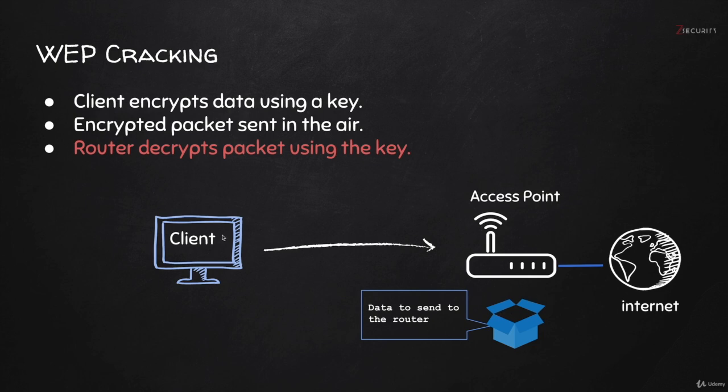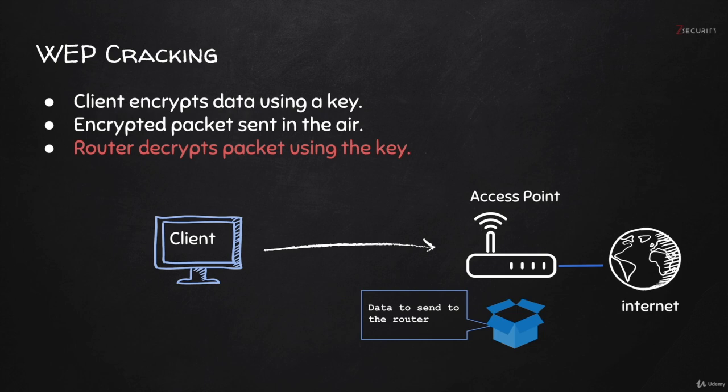The client will be able to decrypt it because it has the key. So the concept is always the same. The transmitter encrypts the data using a key, sends it to the receiver. The receiver is able to decrypt it because it also has the key. Therefore, anybody who captures the packet in the middle, they will get the packet, but they won't be able to see the contents because they do not have the key.